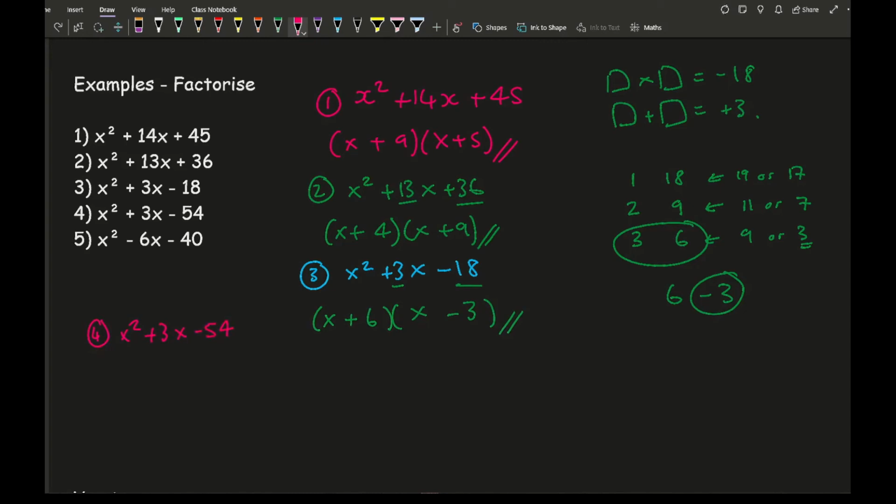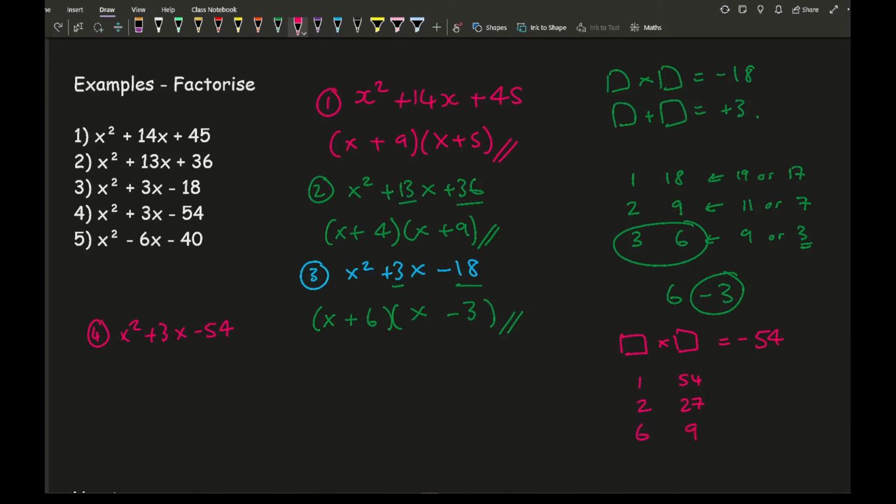So again, looking at minus 54, what two numbers multiply together give you 54, let's say. Let's ignore the minus to begin with. Well, I've got 1 and 54. I've got 2 and 27. I've got 6 and 9. And that's pretty much it, I'm thinking.